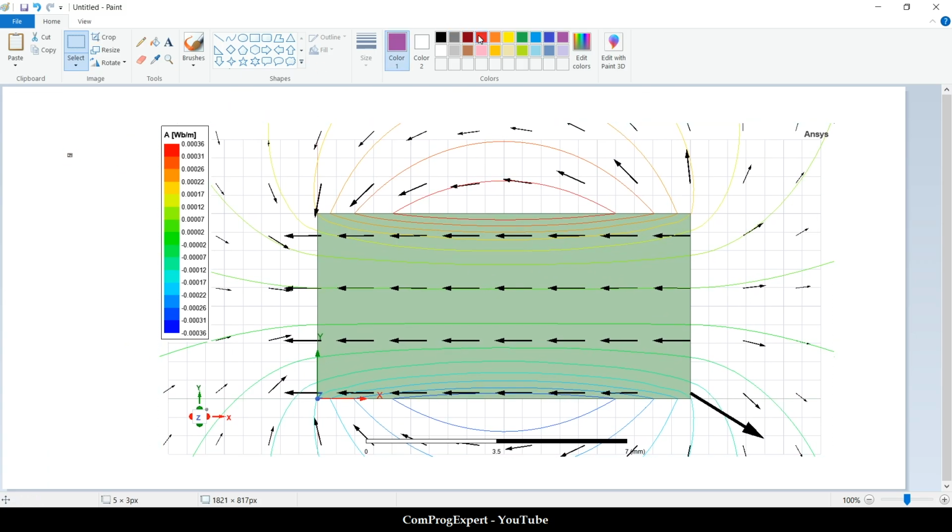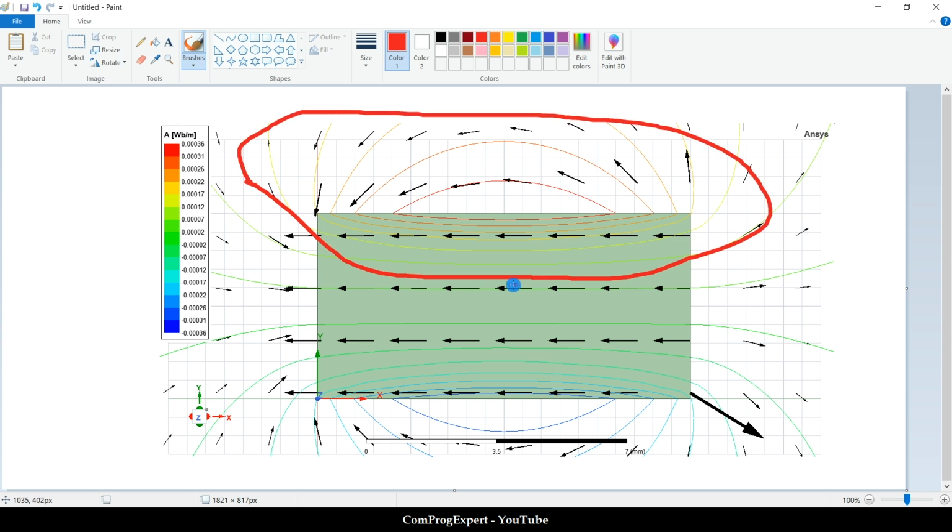And as you can see, if I consider this path, the direction of H inside the magnet is in this direction, and for the external field it is also in this direction. So if you move counterclockwise along this path, the field inside is in the opposite direction of your reference direction, and for the external field it is in this direction.